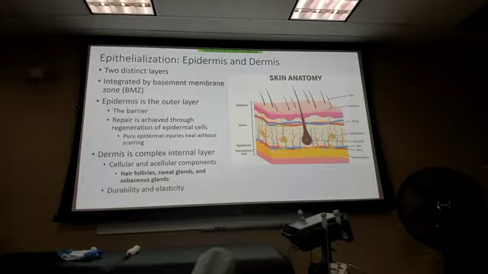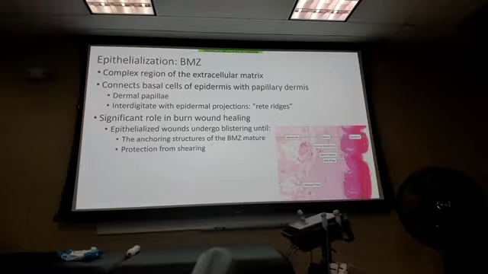Dermis is the complex inner layer. This is where we have hair follicles, sweat glands, sebaceous cysts, nerve endings. Once we start talking about actual dermis injury, that's when we start talking about whether it's going to be painful or not. So BMZ, the basement membrane zone, is in between the dermis and epidermis.